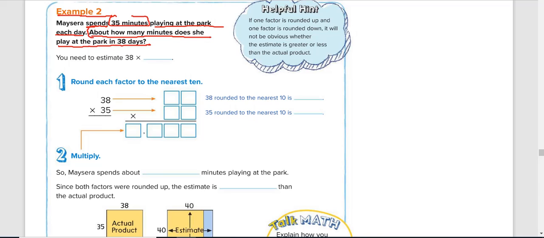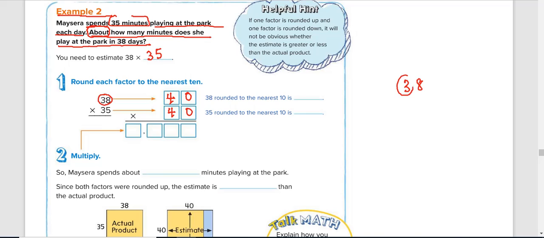Don't forget, seeing the word "about" tells you the answer is looking for an estimate, not the actual. So we multiply 38 days with the 35 minutes for each day. So 38 times 35. Round to the nearest tens: you see that 38 is closer to 40 than 30, and 35 will be rounded to 40 as well. Don't forget how we did that.